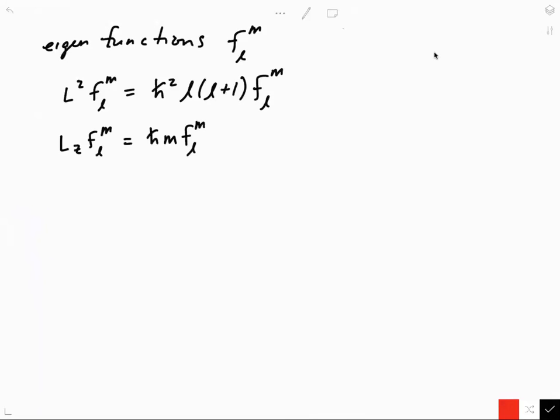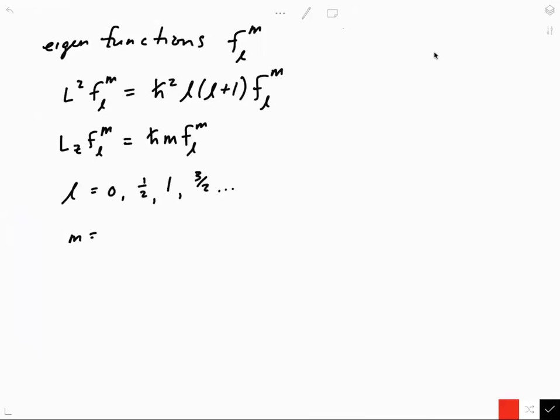Now this doesn't look like it depends on L, but remember L gives us our limits of what m can be. In this case, L could be 0, 1/2, 1, 3/2, and so on.